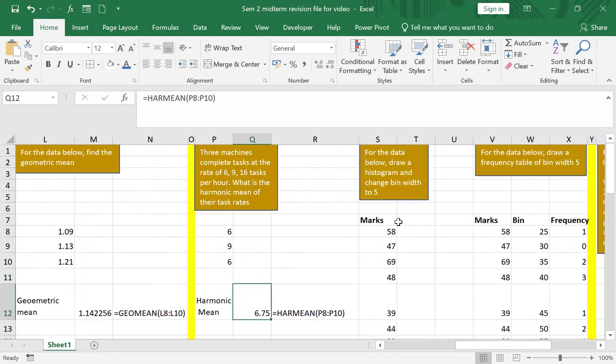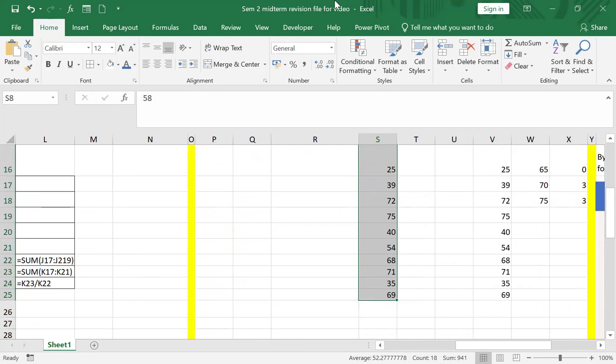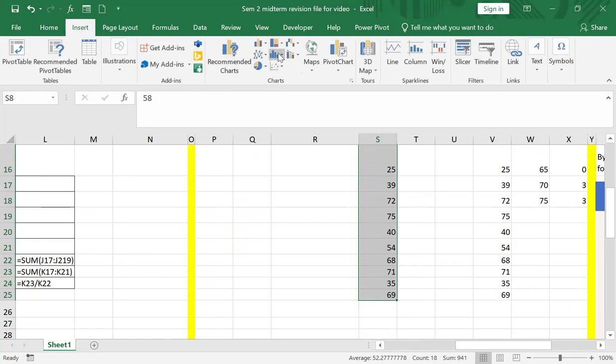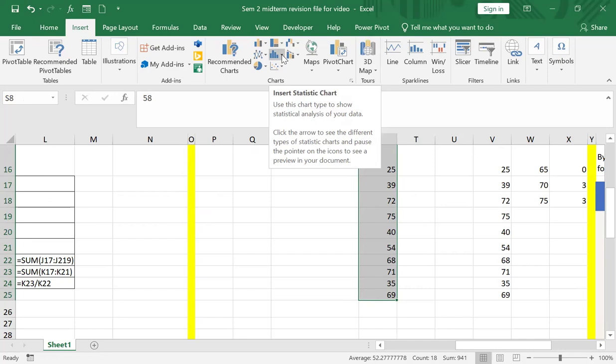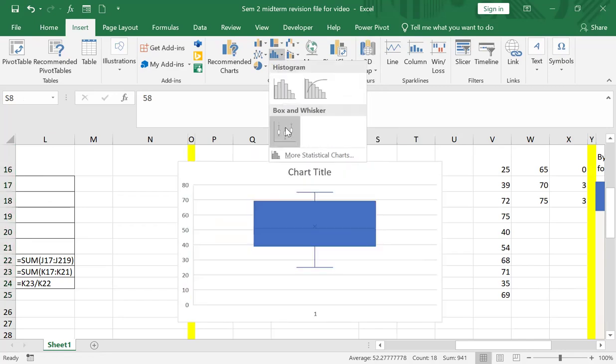Now, histogram. All that you do is just select these cells and then go to Insert. In the middle here, not these graphs, it is written Statistics Charts. Under statistics there are two types: histogram and box and whisker.